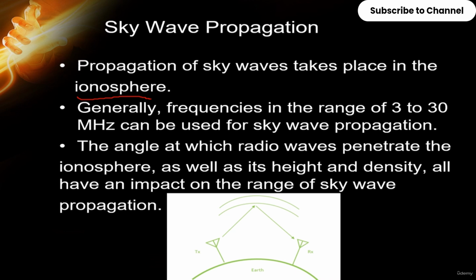You can see in this diagram the angle at which the radio waves penetrate, where the density is high. This is the earth, and this is the ionosphere, which has the greater height range where the sky waves are propagated. When there is no phenomenon of reflection, refraction, or diffraction, antennas are used to propagate the signals.